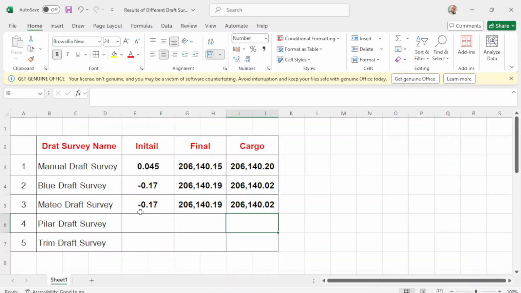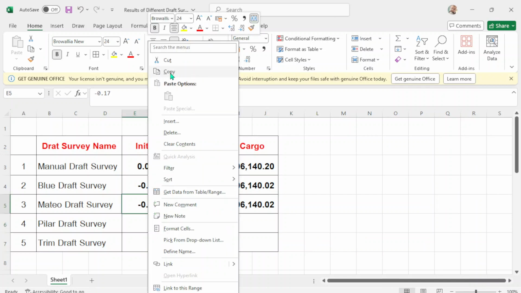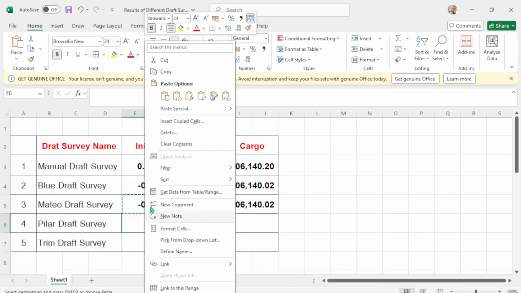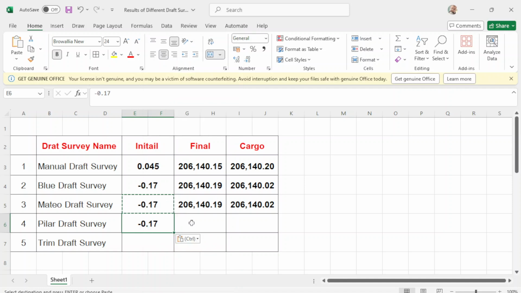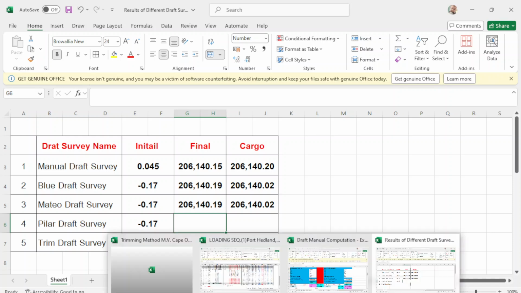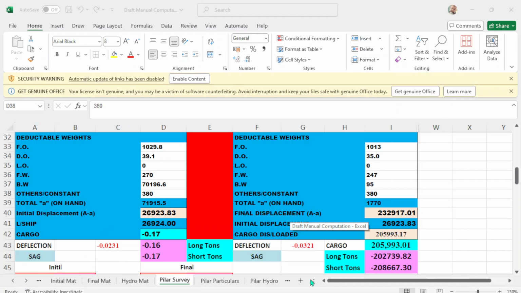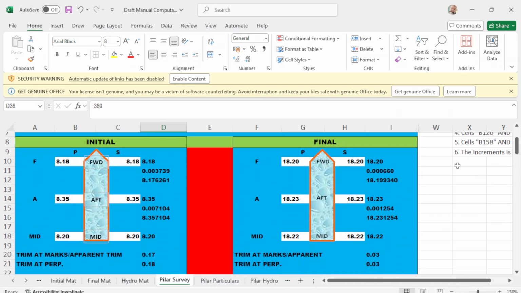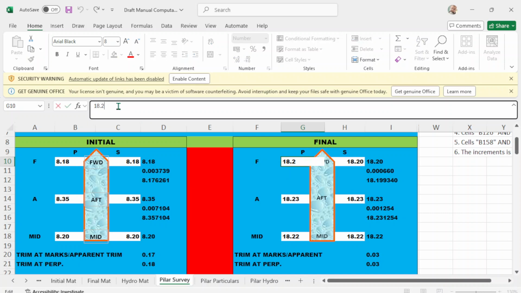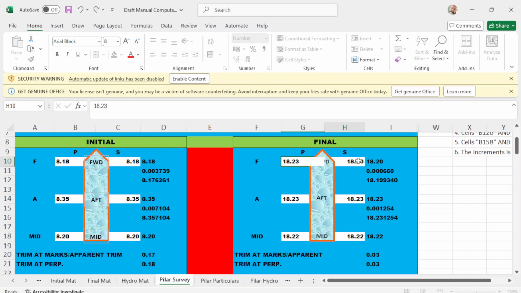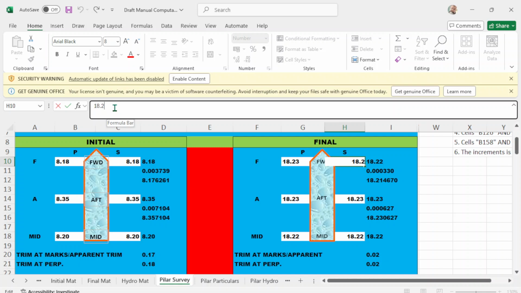Put here. Copy. Paste. And what will be your final? Okay. Final. And the final, go up. Change now the draft. Final draft is 18.23. Put here 18.23. Okay.